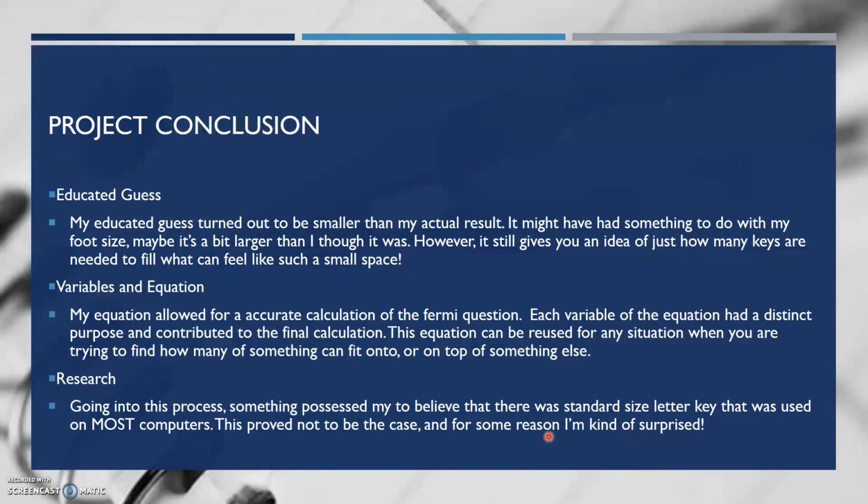My conclusion for this project. So, my educated guess turned out to be smaller than my actual result. It might have had something to do with my foot size. Maybe my foot's a little larger than I thought it was. However, it still does give you an idea of just how many keys are needed to fill what can feel like such a small space.